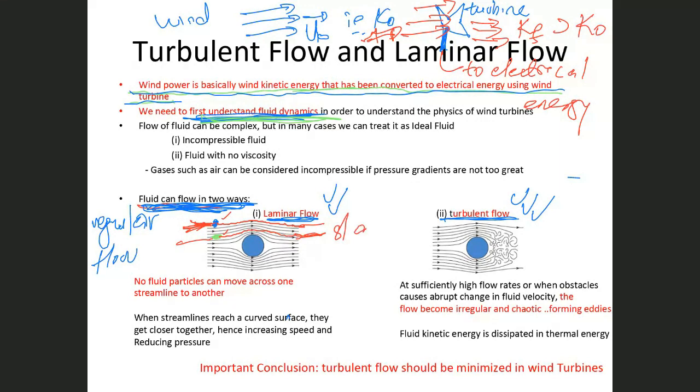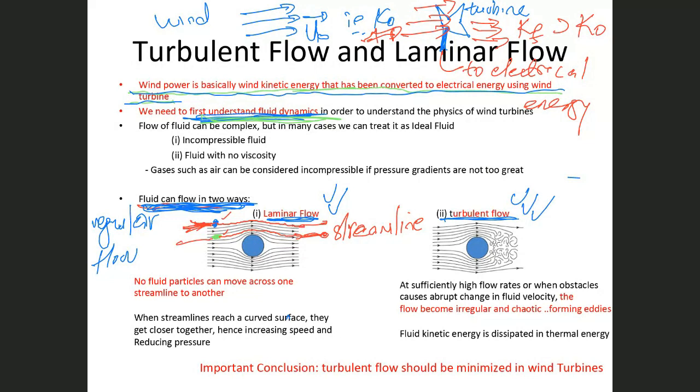A streamline is used to visualize the path of fluid particles. This is a streamline, that's another streamline, and of course you cannot find streamlines crossing each other, because fluid particles in laminar flow do not cross each other. So it is more like an ideal flow.